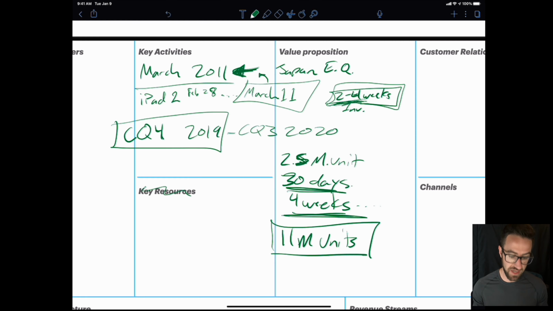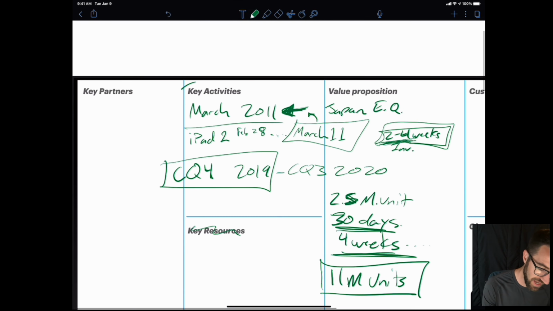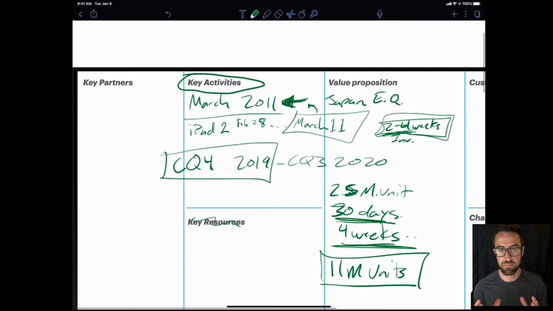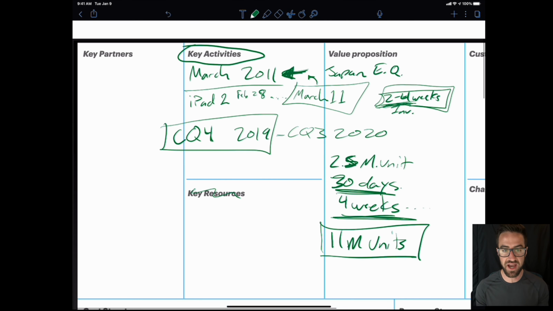But what they had done, and is part of their key activities, is they actually prepare and design their supply chain specifically for things like the Japan earthquake. Okay? So the Japan earthquake happened, and it's just like, oh, trigger supply chain catastrophe response number 6.